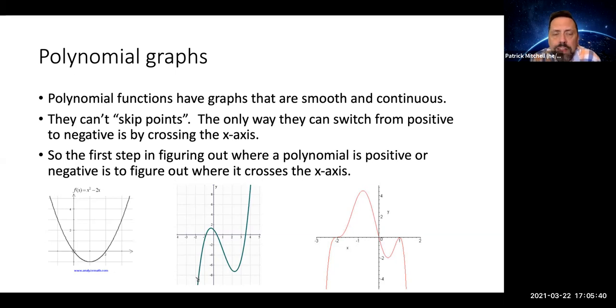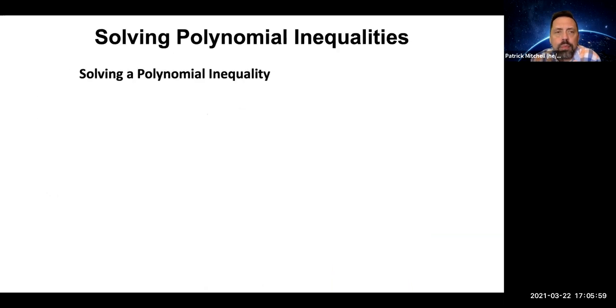Because they're continuous, they can't skip points. The only way they can switch from positive to negative or negative to positive is by crossing the x-axis. So the first step in figuring out where a polynomial is positive or negative is to figure out where it crosses the x-axis.